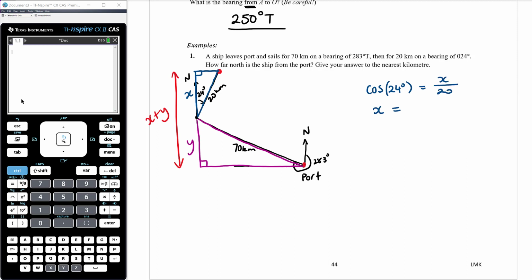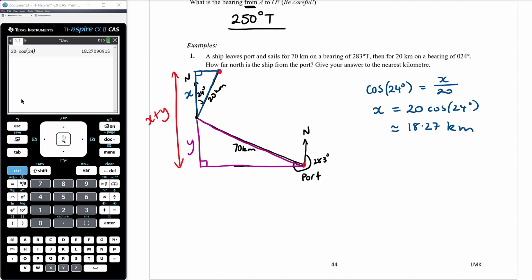And so therefore x equals 20 times cos of 24 degrees, which is approximately 18.27. Let's just stick with some decimal places. We want nearest kilometre in the end, but we'll get our different values, add them together and just round off at the end. So that is 18.27 kilometres.